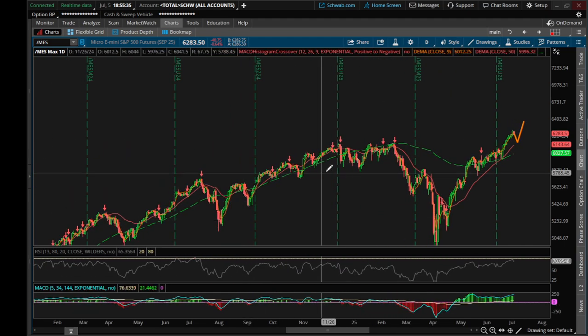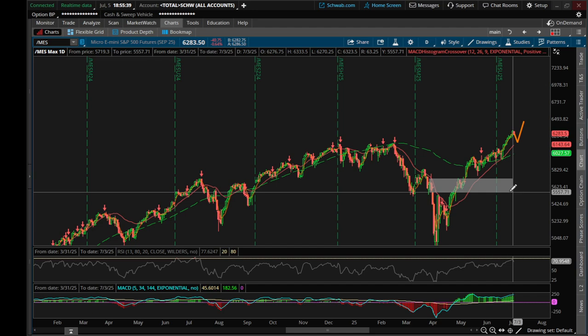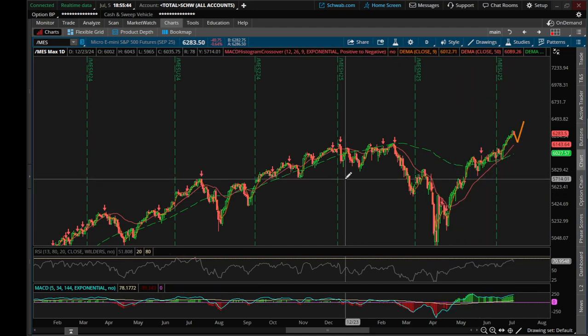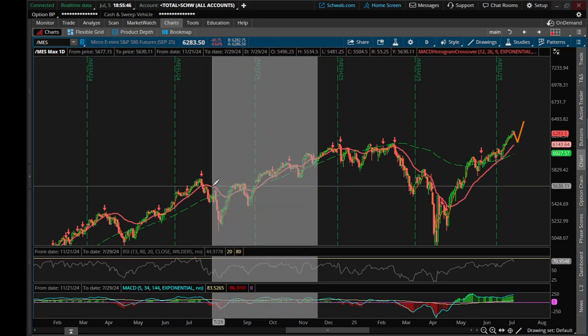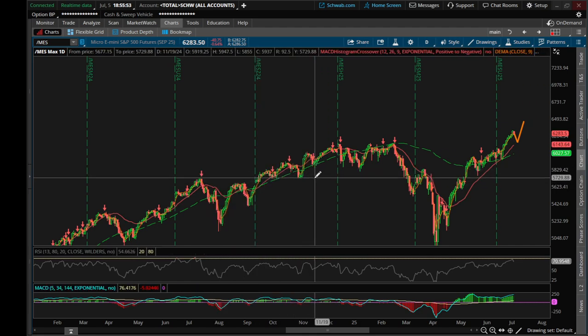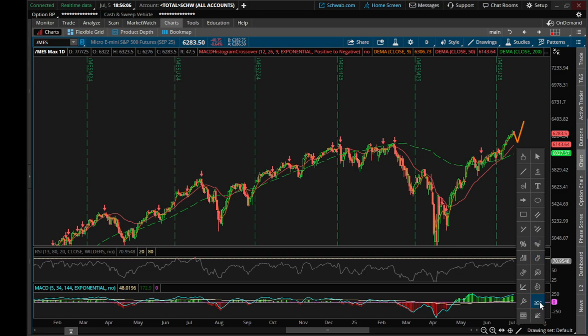So back here when I was comparing this move here to this move, I'm thinking that, forgot what I was thinking.